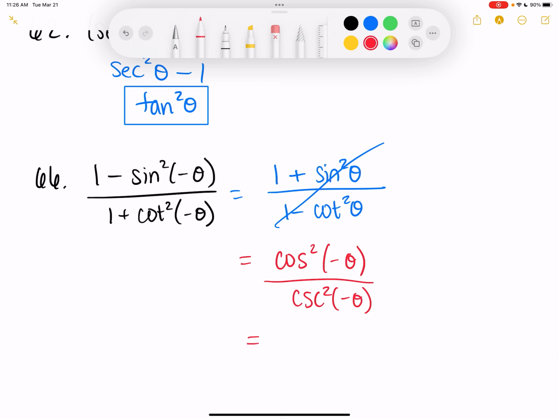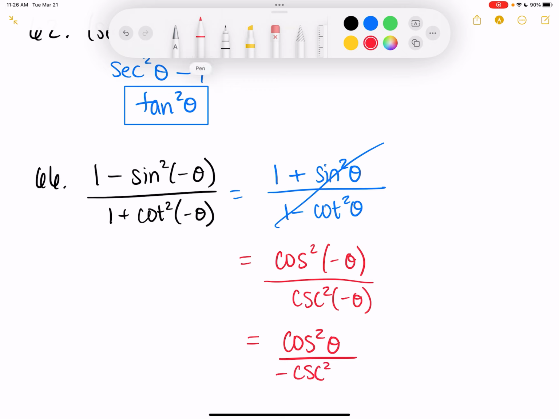Cosine of negative theta, the negative just goes away because it's even. So this is just going to become cosine squared of theta over cosecant. The negative stays.